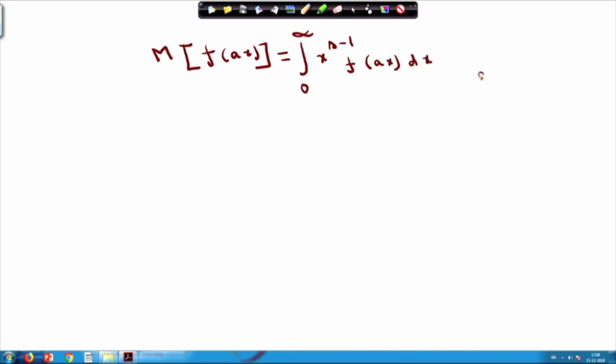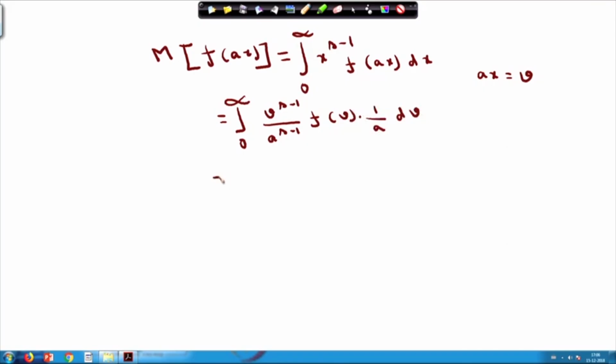If I put ax equals v, the limits will remain the same: for x equals 0, v is 0, and for x equals infinity, v is infinity. So x to the power s minus 1 will be v to the power s minus 1 by a to the power s minus 1, into f(v) into dv by a.